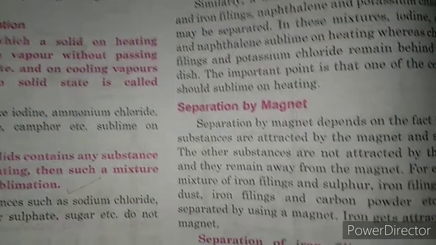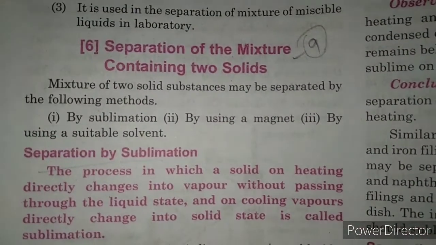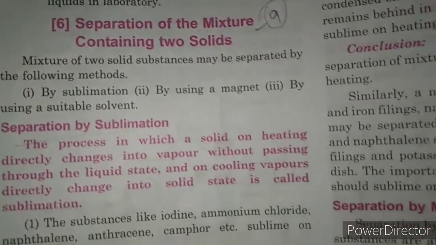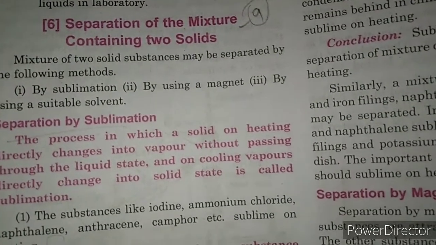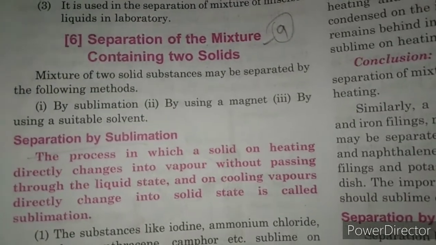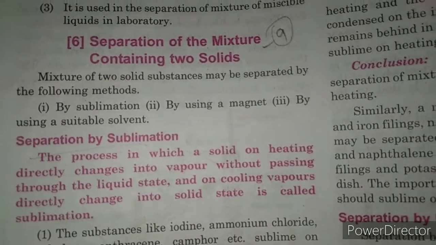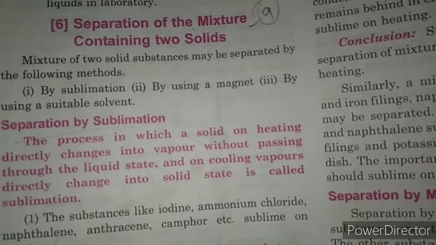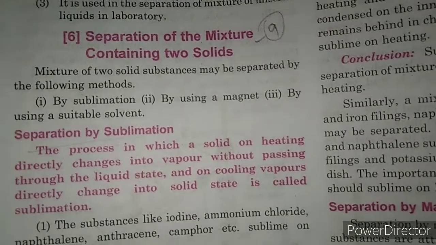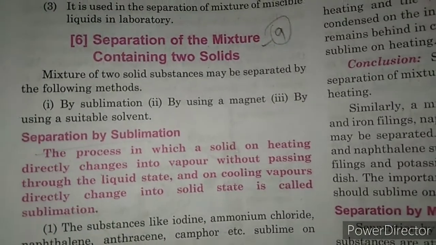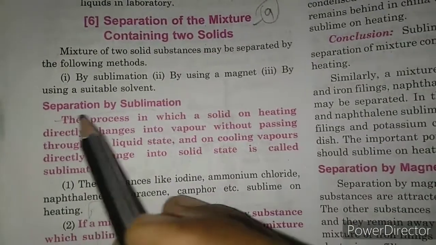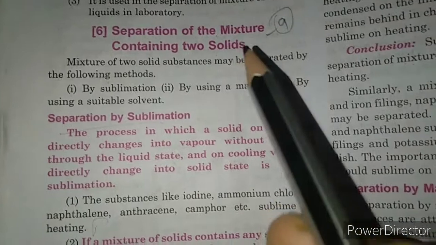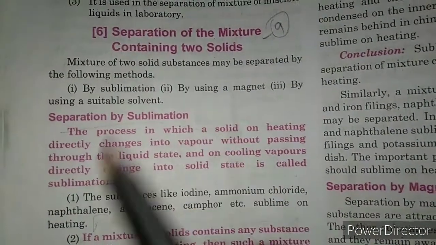But I have already told you many methods like winnowing, hand picking, magnetic separation, sieving; there are many types of separation by which you can separate two solids, but here only two methods have been explained, so you will write only these two methods.